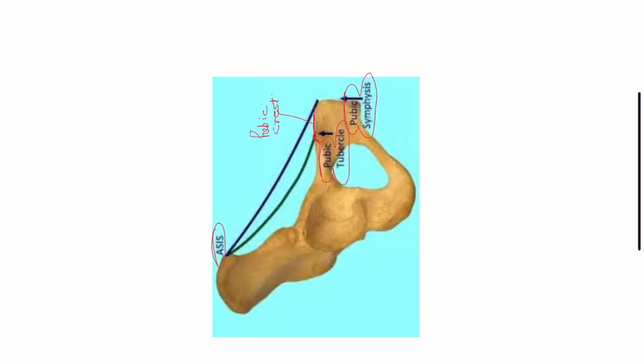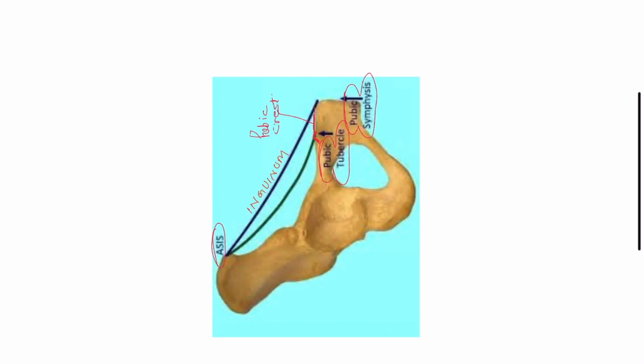So the two landmarks, from ASIS to the pubic symphysis, the line or the fold created when you completely flex the thigh, right? Complete flexion of the thigh is when the front of the thigh touches the front of the abdomen. That happens when you're in a squatting position, and that fold created is called the inguinum.